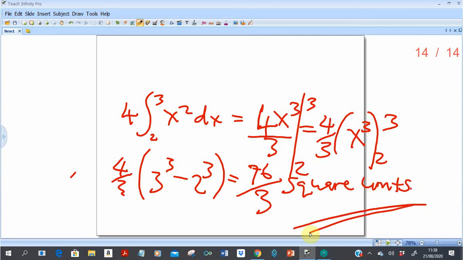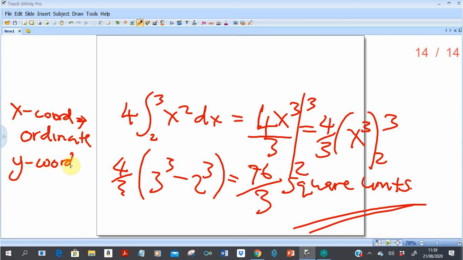Sometimes you find in the tutorial sheet that the x coordinate is given a special name known as ordinate, and the y coordinate is known as abscissa.